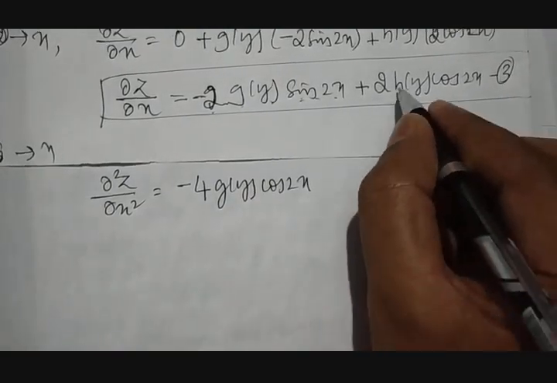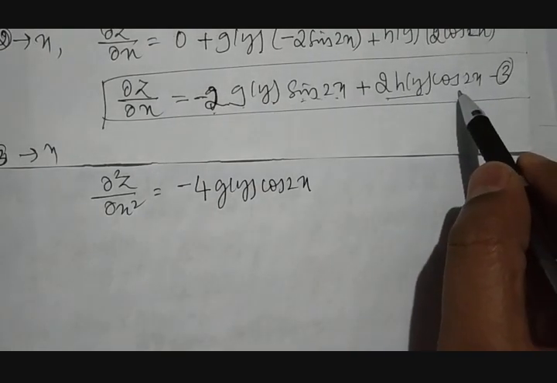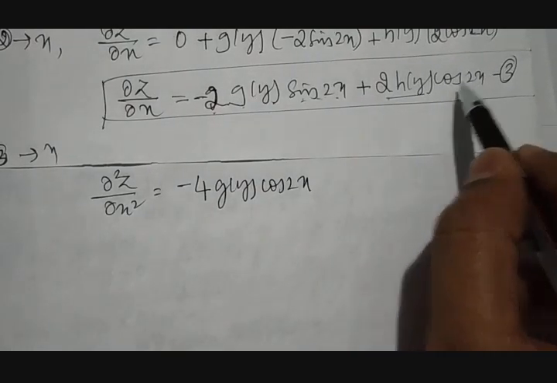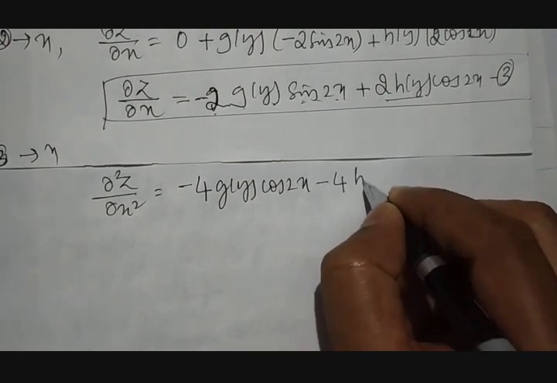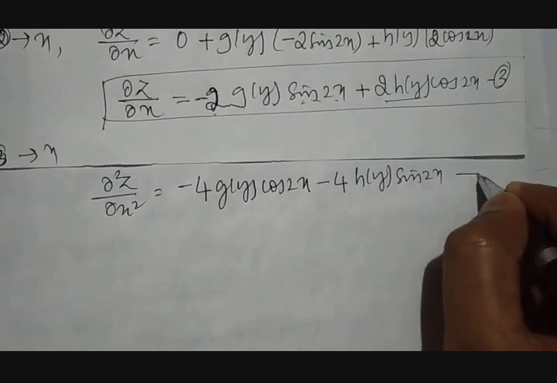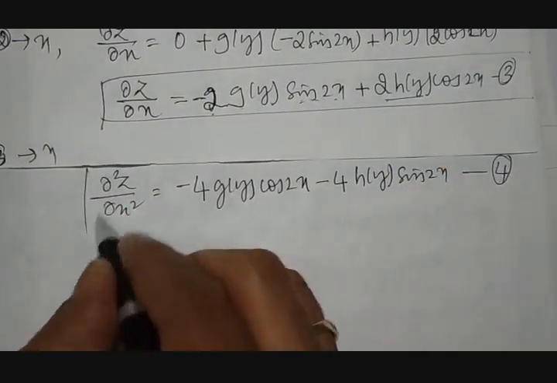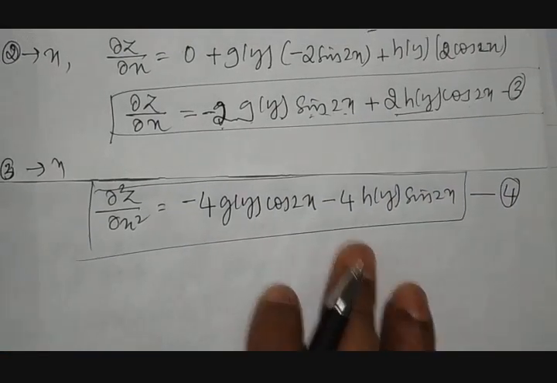Next, 2h(y) constant, the differentiation of cos 2x will be minus 2 sin 2x, so minus into this is minus 4 h(y) into sin 2x. We call it equation number 4. This is also required for the substitution.